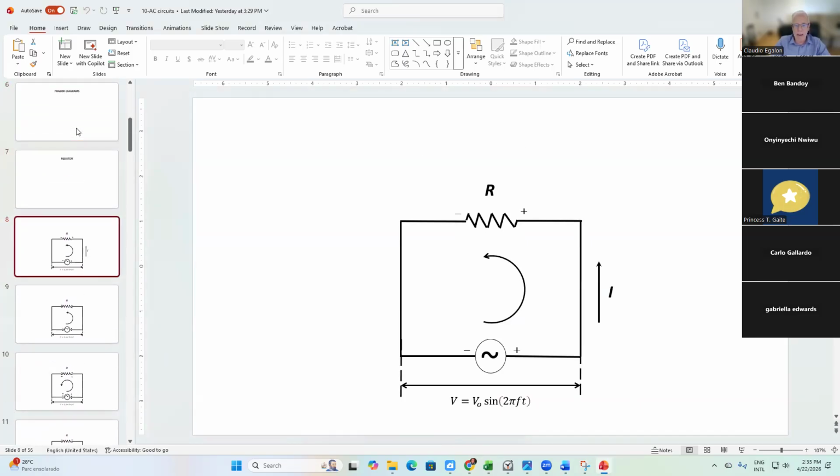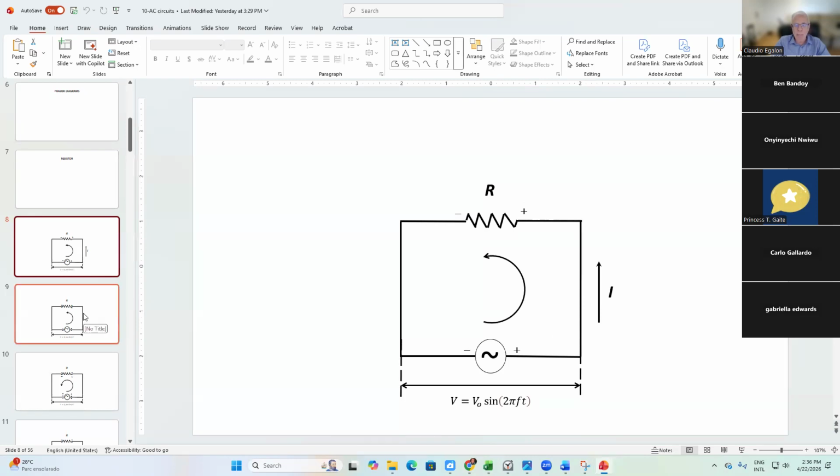Here you go, here is my AC circuit, right? It starts with a negative polarity on the left, a positive polarity at the right. The resistor is going to have a positive polarity at the right and a negative polarity on the other side. The positive of the resistor faces the positive of the generator, right?